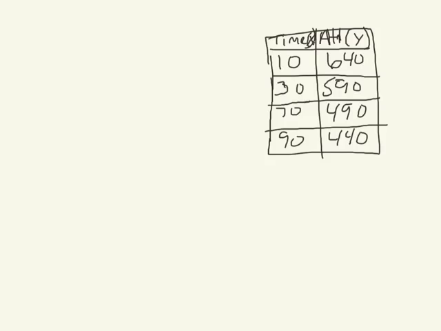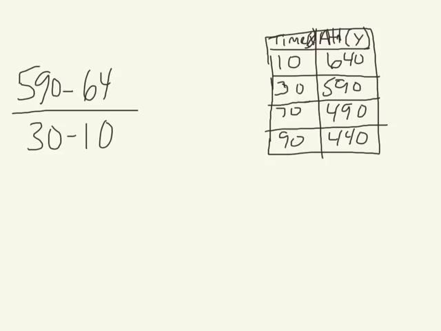So, the first thing we want to do is take two of our x coordinates, or two of our times here. So we'll do 10 and 30, and we'll do x2 minus x1, and we'll subtract that with its corresponding altitude, which would be 590 minus 640.